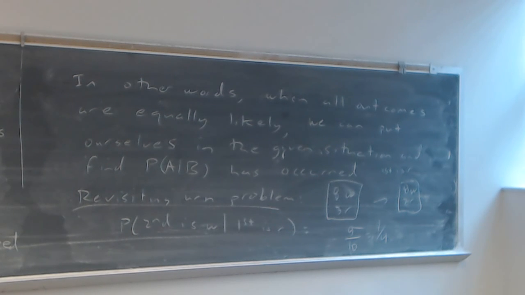As I erase the board, let me say, often computing conditional probabilities, especially when you're being asked what happens next given what happened previously, is not so hard to calculate because you put yourself into the case of what happened previously.